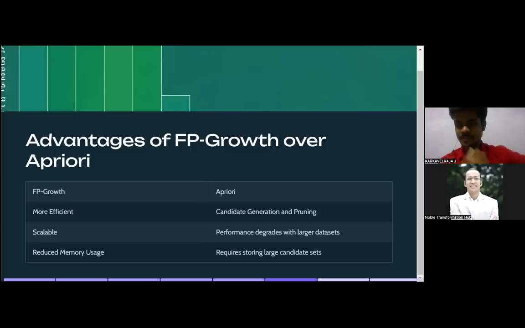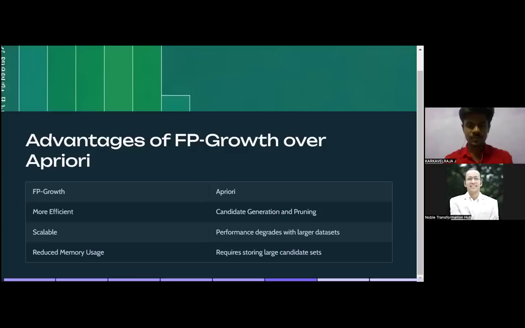So, the advantages of FP growth over Apriori. FP growth is more efficient, guys, compared to Apriori, where candidate generation and pruning are required. It is also scalable, whereas Apriori's performance degrades with large data sets.